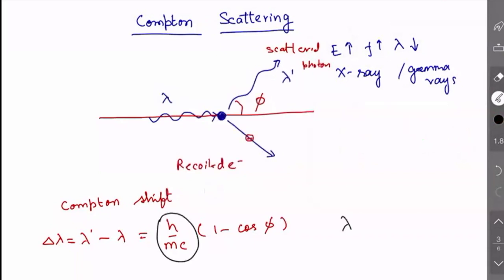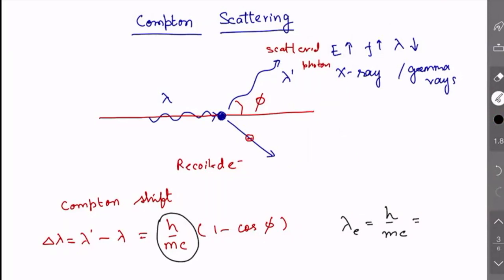It is actually called the Compton wavelength of the electron and is denoted by lambda e, which is given by h upon mc. h is 6.63 times 10 to the power minus 34, m is the mass of the electron, 9.1 times 10 to the power minus 31, and c is the speed of light, 3 times 10 to the power 8.